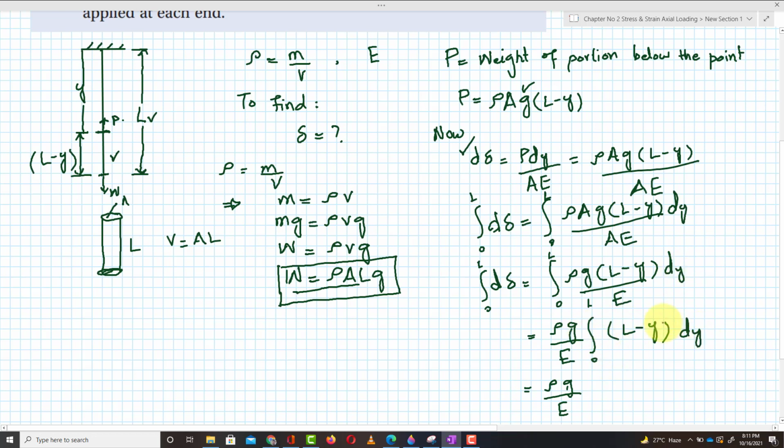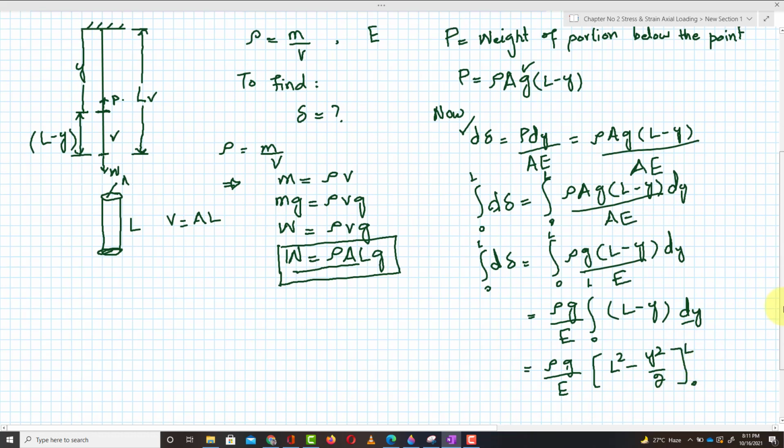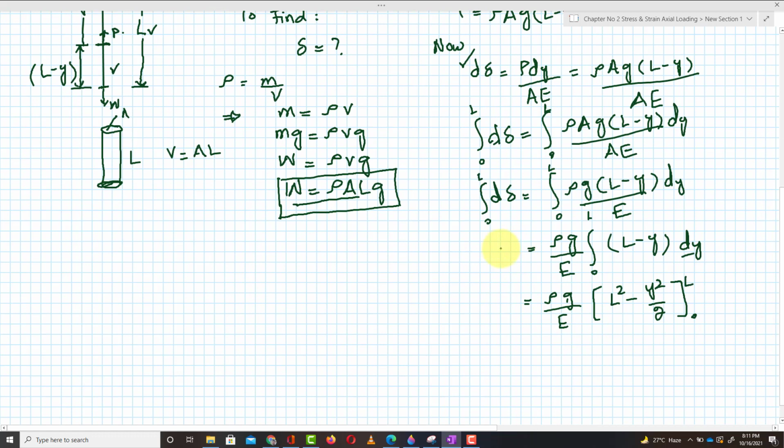So when you take the integral of L dy, it will be equal to L y, minus y square over 2, and that will be from 0 to L. This will be the total change in length of the whole cable.